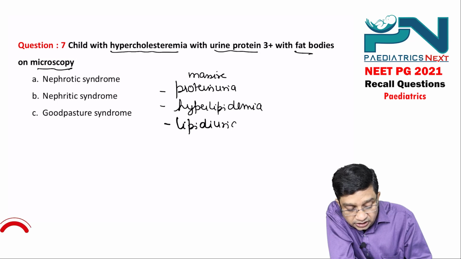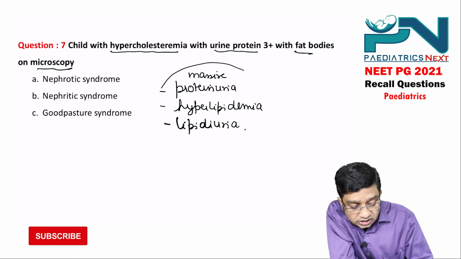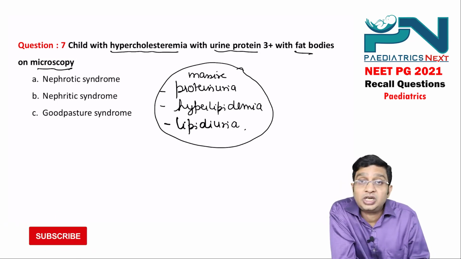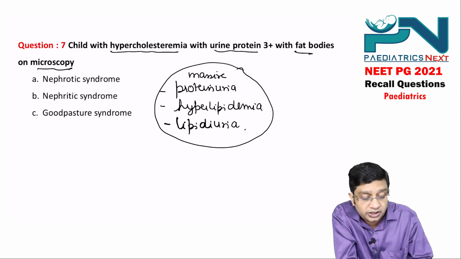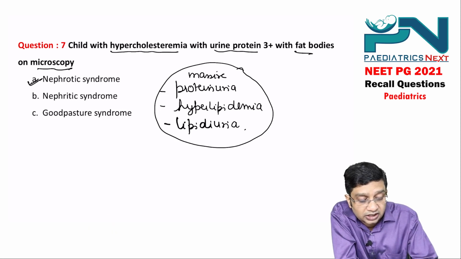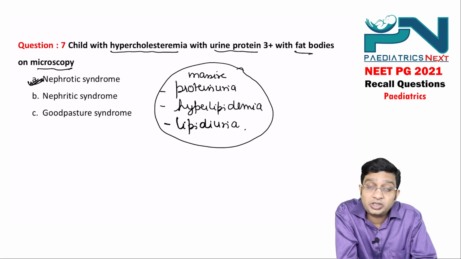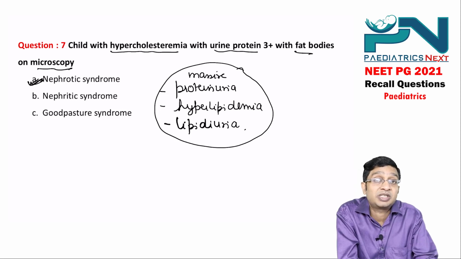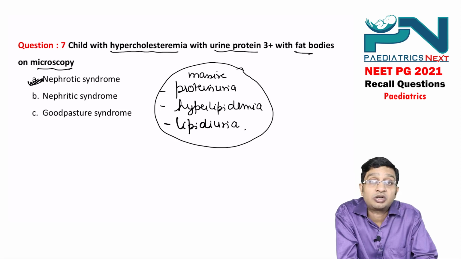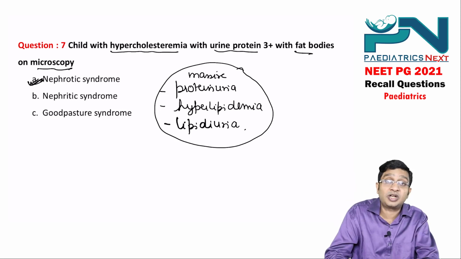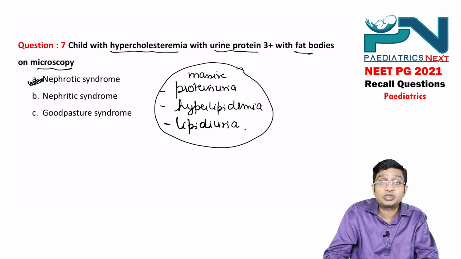If all these three things are there, massive proteinuria, hyperlipidemia, lipiduria, it is most likely a case of nephrotic syndrome. In nephritic syndrome, hematuria is there, and never there will be massive proteinuria, right? So it is not likely nephritic, it is a direct one-liner type of question.